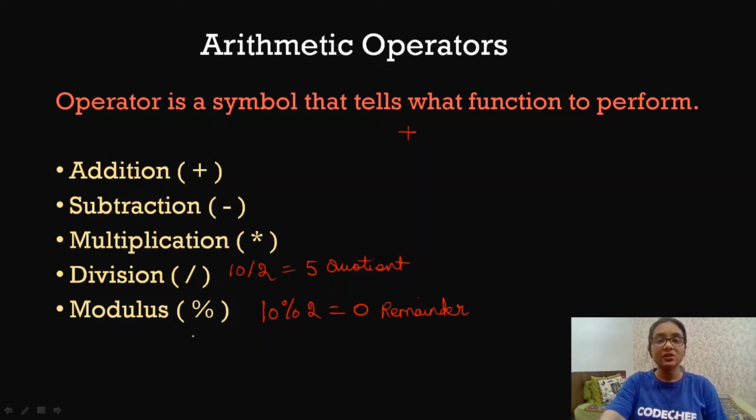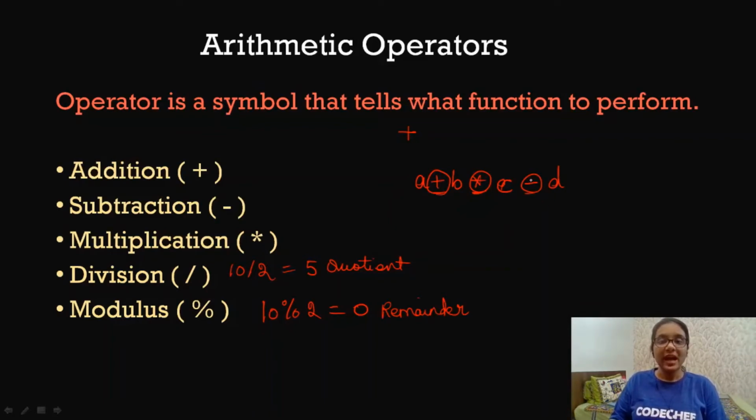Now there is also a certain precedence which is used when we are evaluating an expression. What is the meaning of precedence? Let's have a look at this expression: a plus b into c minus d. This expression has 3 operators. But do you think that you can evaluate it from left to right and still get the correct answer?